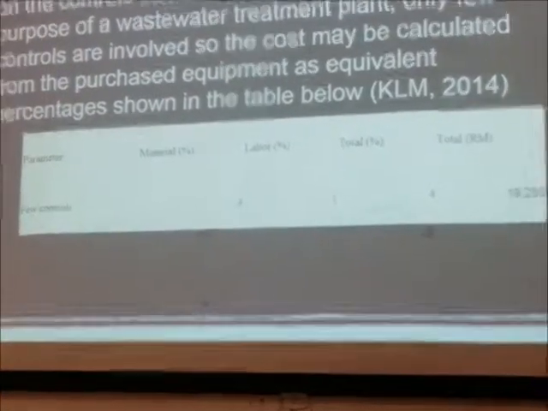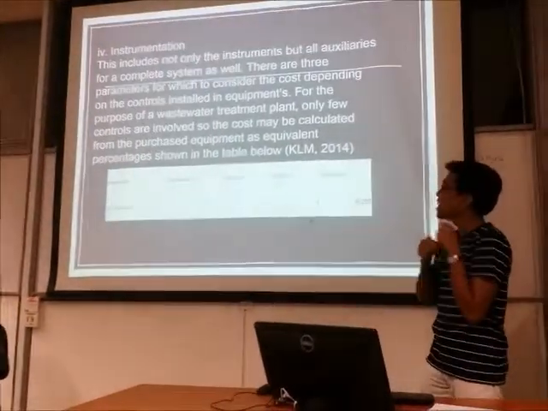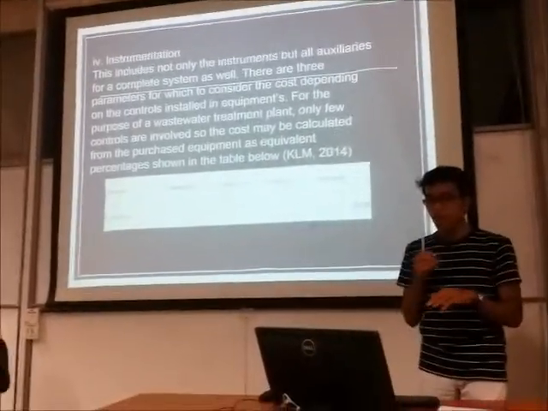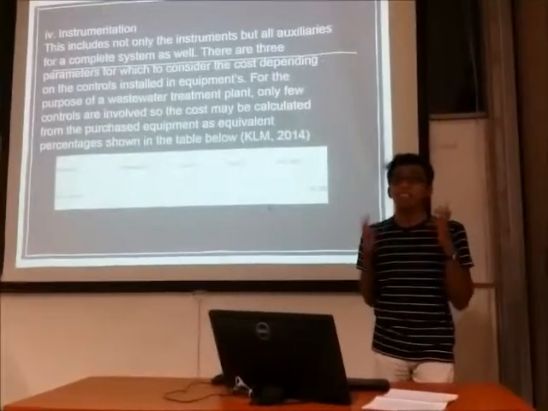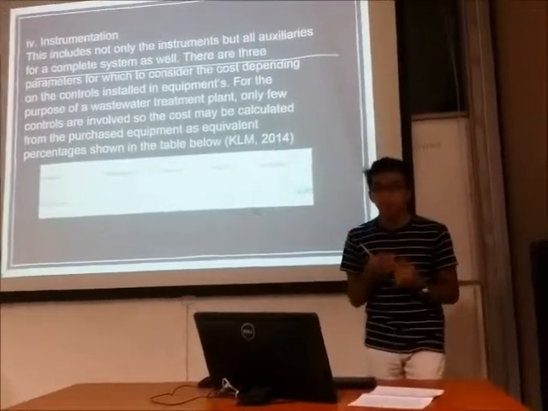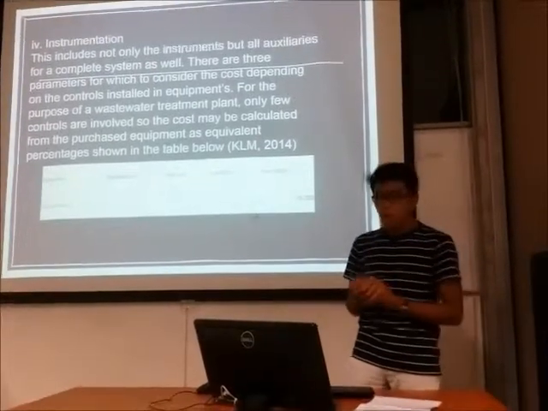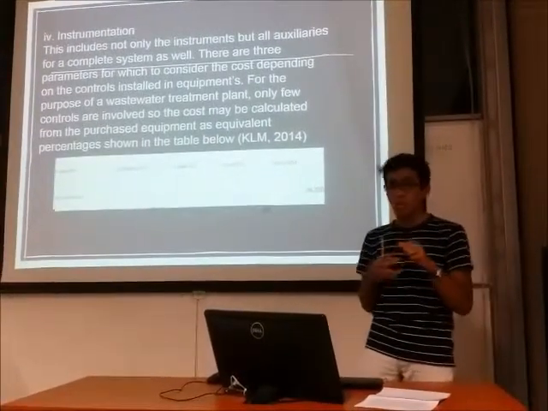Next is instrumentation. Instrumentation is actually not only instruments, but all auxiliaries for a complete system as well. There are three parameters to consider for the cost, depending on the controls installed in equipment.